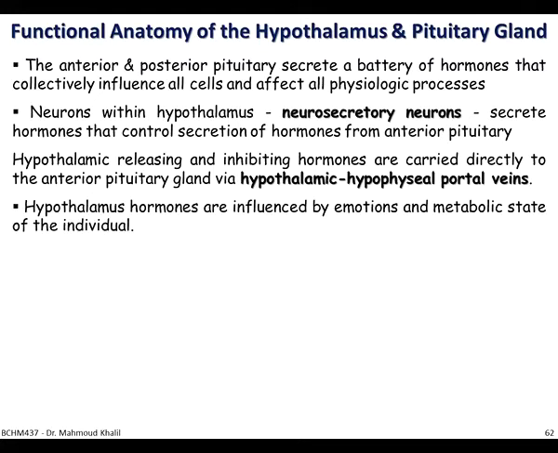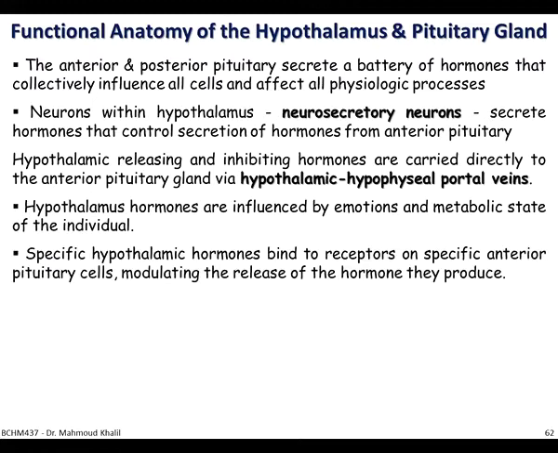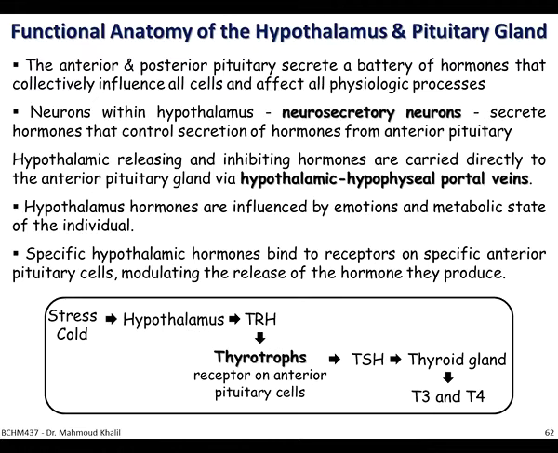These hypothalamic hormones are influenced by emotions and the metabolic state of the individual. Specific hypothalamic hormones bind to receptors on specific anterior pituitary cells, modulating the release of the hormones they produce. So they affect the release of hormones.